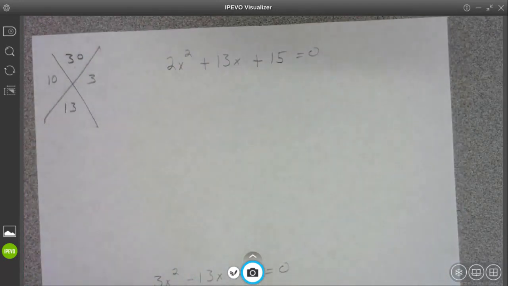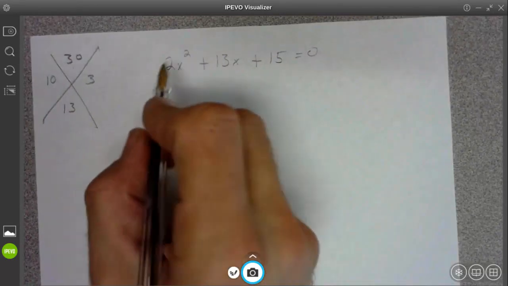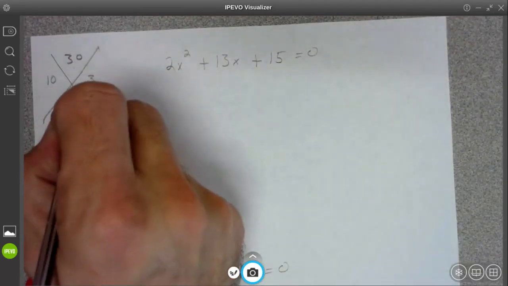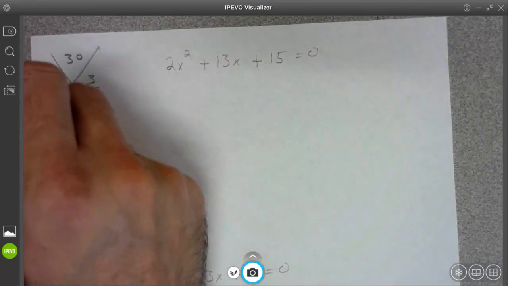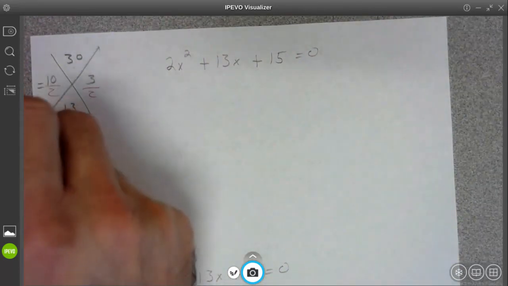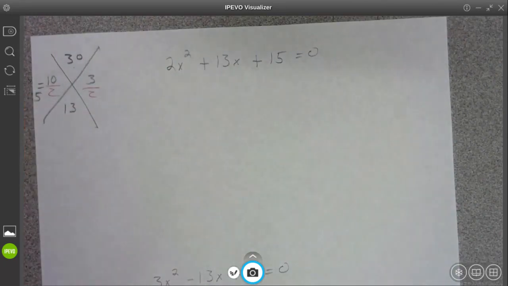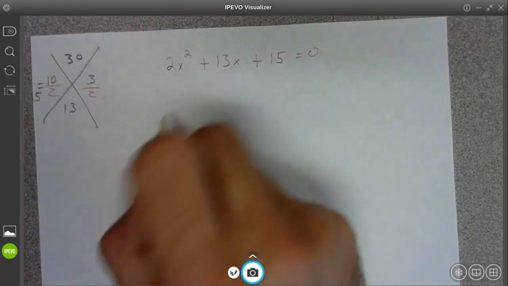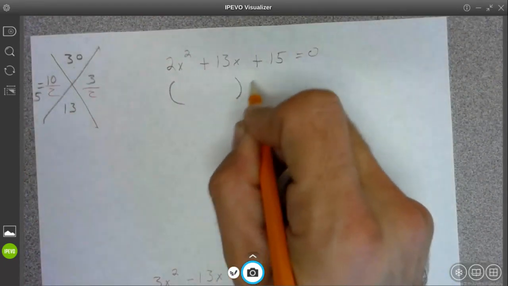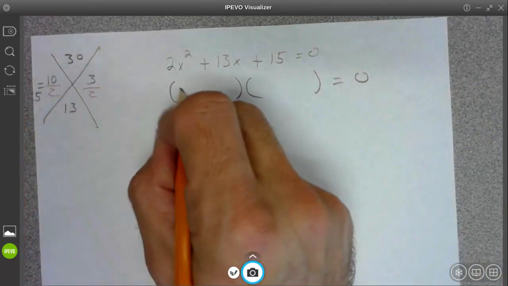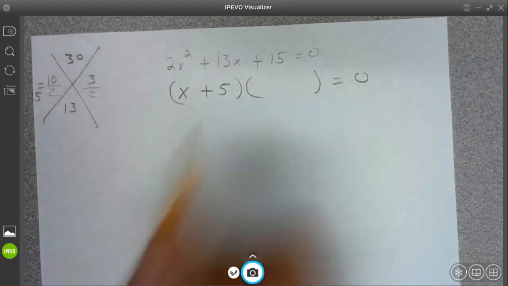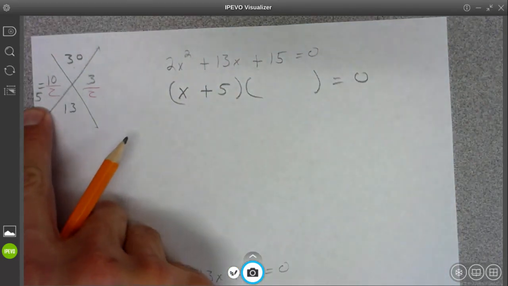After that, we're going to divide them by the A term. 10 divided by 2 is equal to 5. So my factored form here, this is 5. It's going to be x plus 5. That's the factor that corresponds to that.